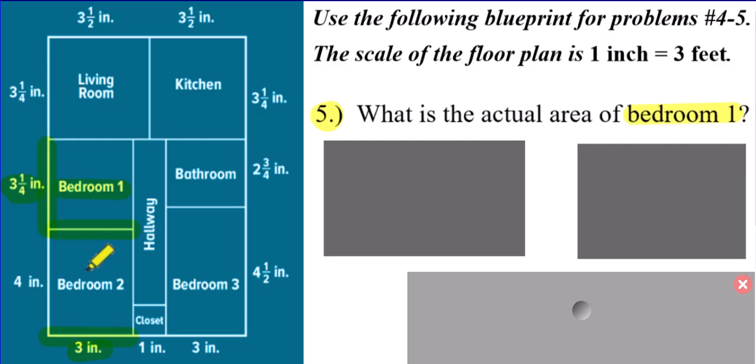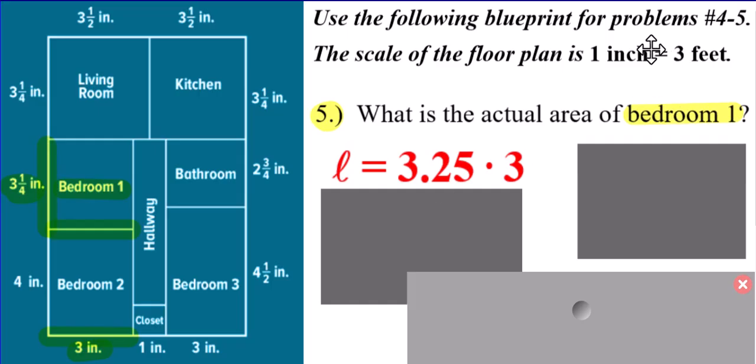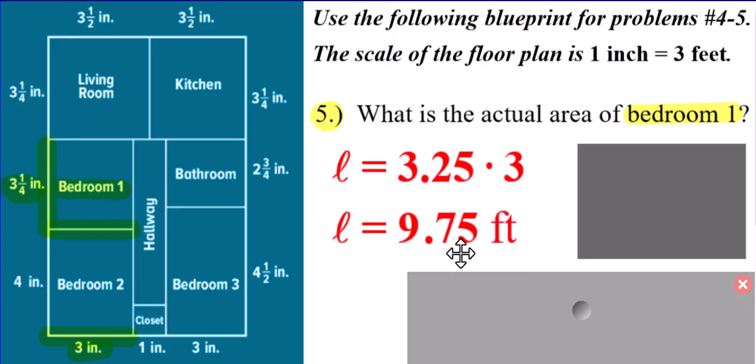The width of bedroom 2 is the same as the width of bedroom 1. So you have to be observant and see that this line segment here is the same as this line segment here, which is given to you as 3 inches. So that's our width of bedroom 1. So take 3.25 times the number in the scale, which is 3 feet, multiply, you will get 9.75 feet.